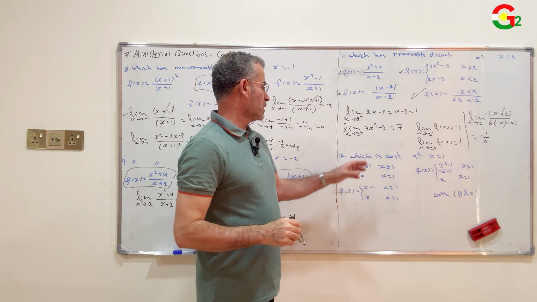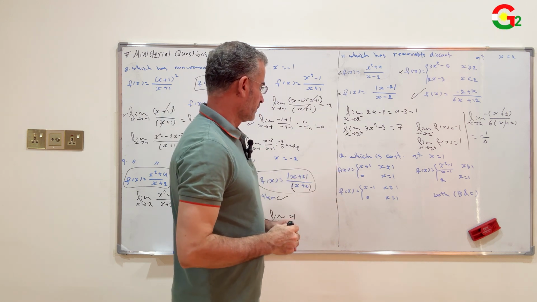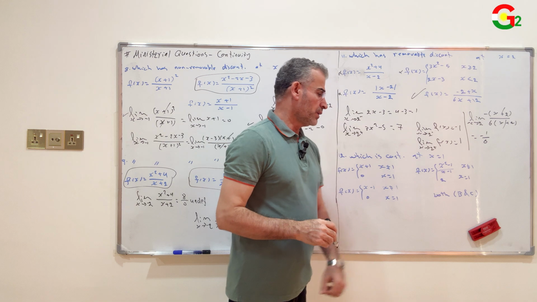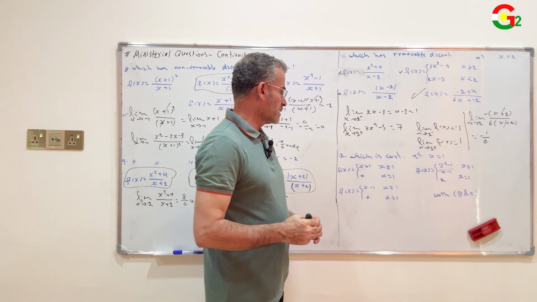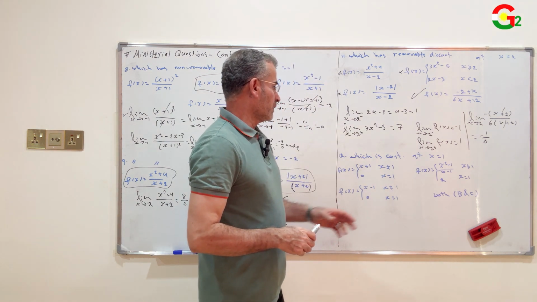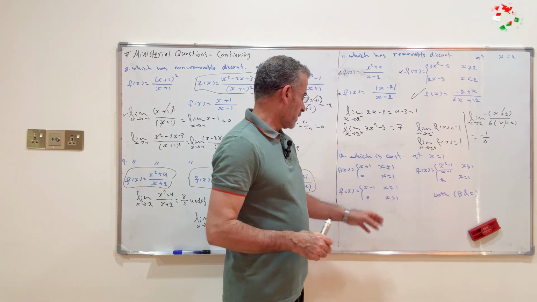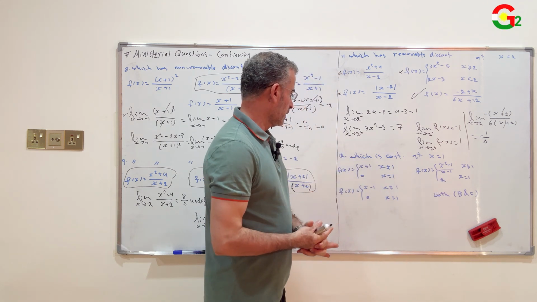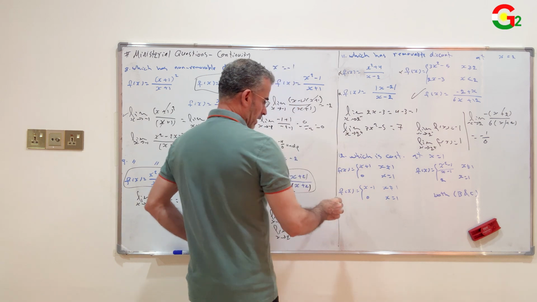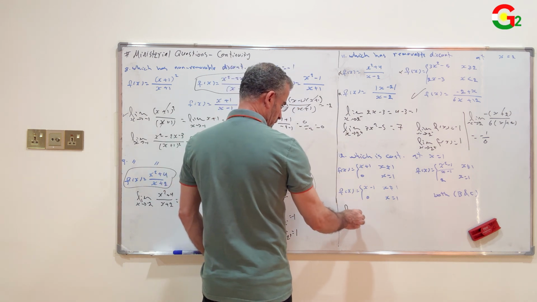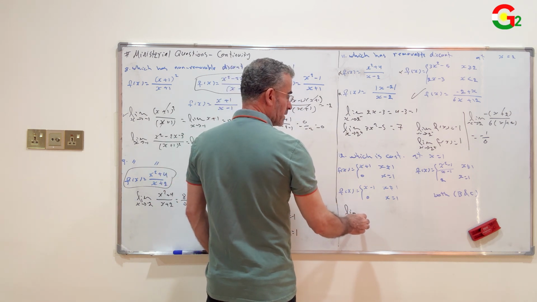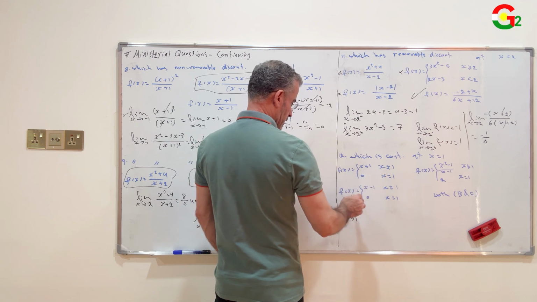Number 12, which is continuous at x equal 1. Continuous means the function is defined when x equals 1. All these three functions are defined, then I need to find the limit when x approaches 1 for each function.